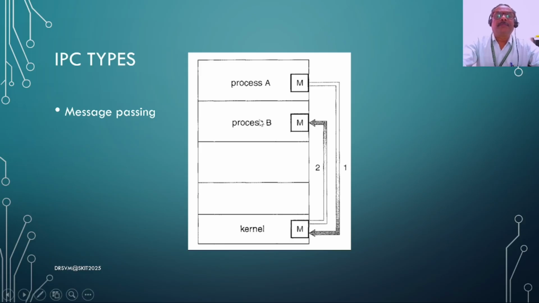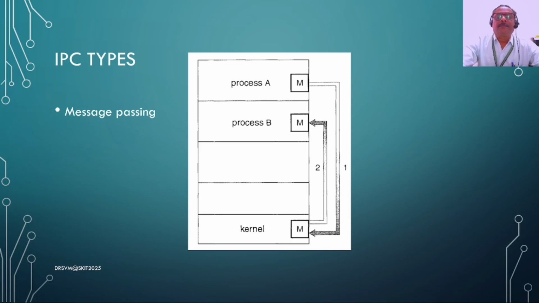Therefore, if process A wants to tell something to process B, process A can send a message to the kernel stating that this message should be forwarded to process B. So process A forwards the message to the kernel, the kernel in turn will pass the message to process B. This way, through the kernel, the message is being passed from process A to process B. This is what we call message passing.